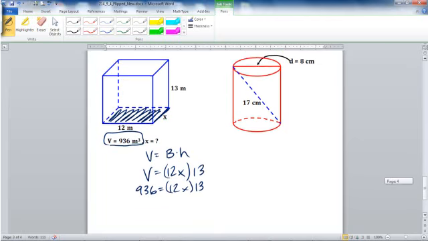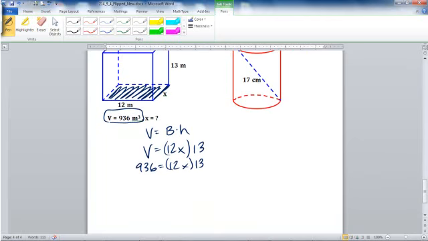So now what you're going to do is you're going to work backward. They gave you the volume. You've got to find what that dimension is right there, that depth. So I can do 12 times 13, which is 156. So 156x. Divide both sides by that 156.